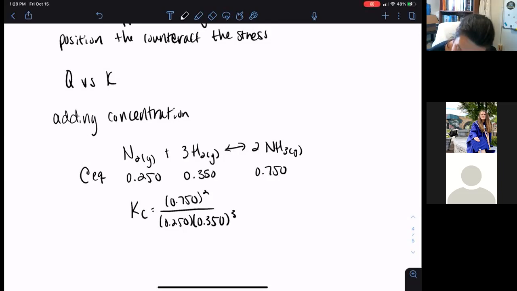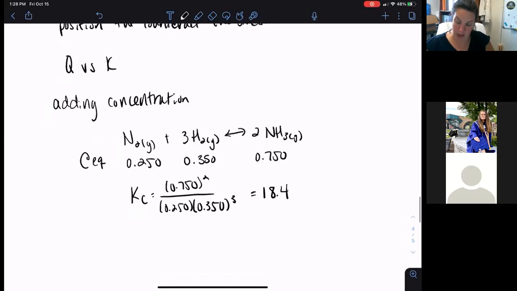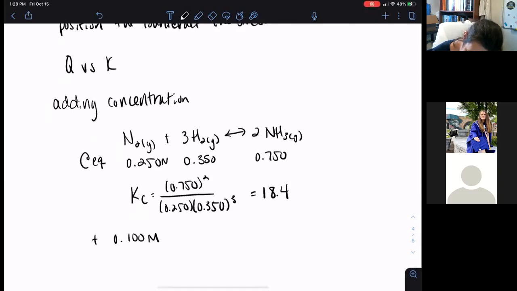And this gives us a Kc value of 18.4. So let's just assume that that is actually correct. And let's say that we add 0.100 molar, and these are all molar, of our N2 to this system.